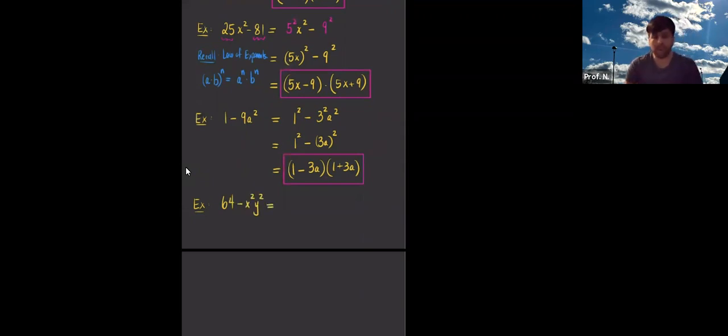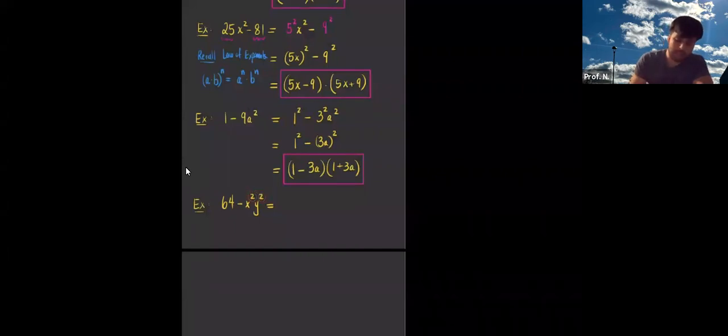What's 64 minus x squared y squared? So now you're like, wait a minute, why do I have two of these terms here tagged up with different bases? The important thing is that the exponents are both 2's, and that 64 is a perfect square.